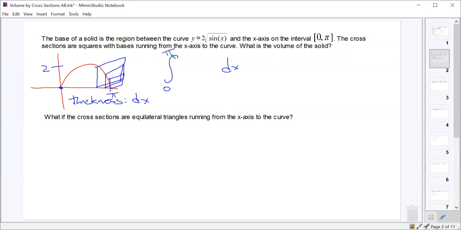And we need to then come up with a formula for the area of each of these squares. Well, first off, what's the area of a square? The base times the height, right? It's just one side of it squared. I'm going to write the area equals the side length squared. What is the side length?